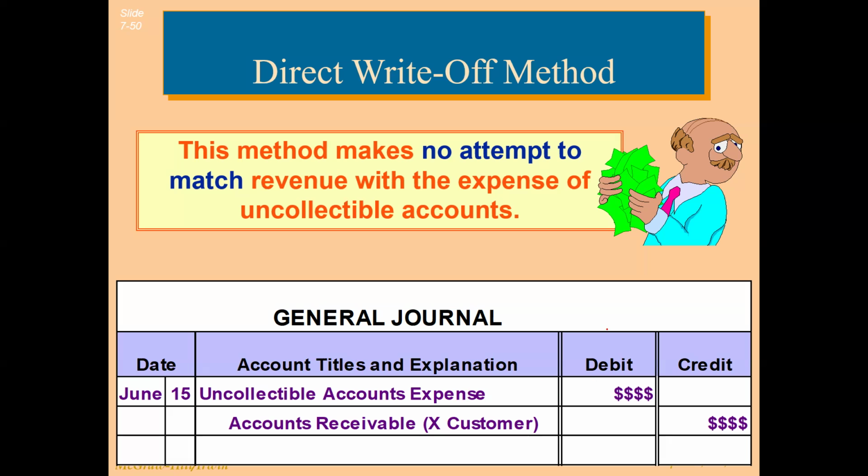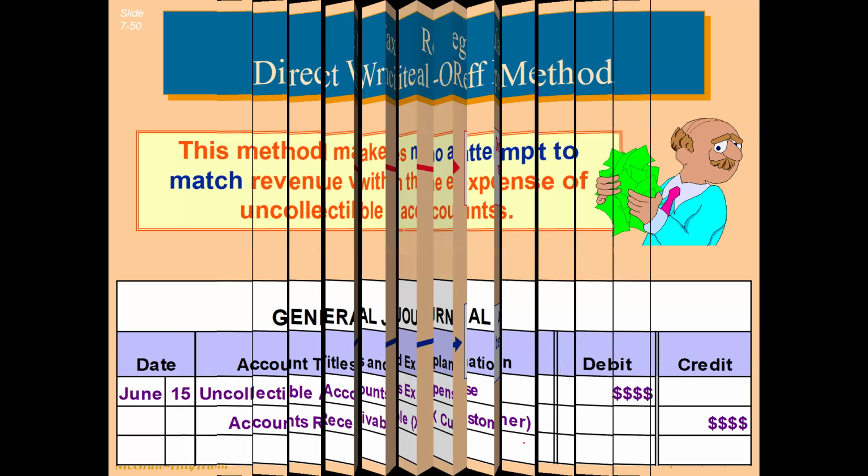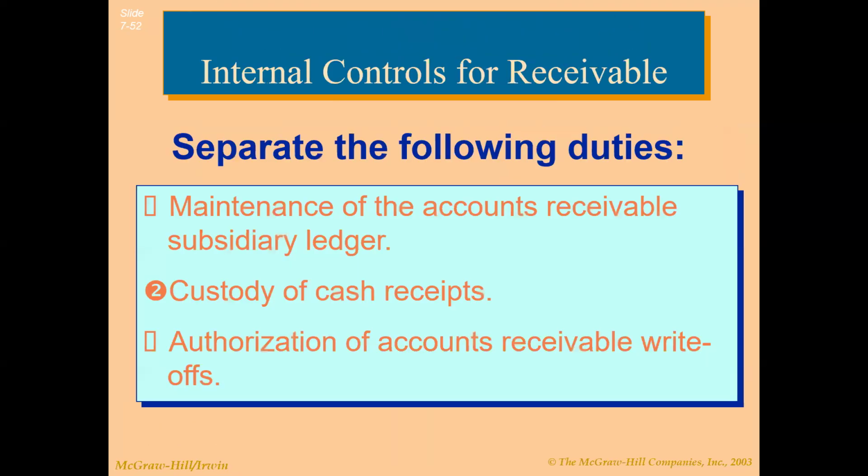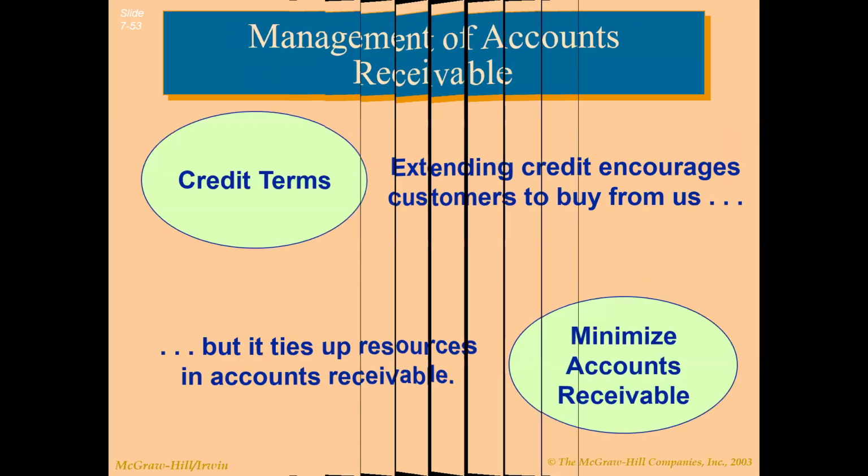You should also know this entry as well. Directly uncollectible accounts expense, and here, instead of creating an allowance for doubtful accounts, you directly credit accounts receivable. So this is all about accounts receivable.